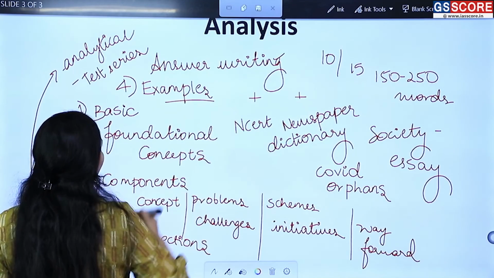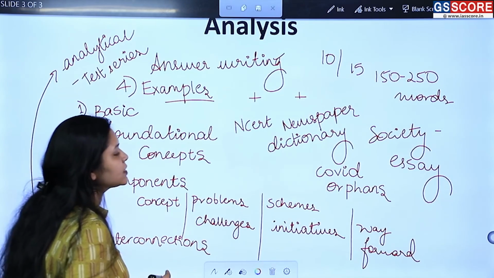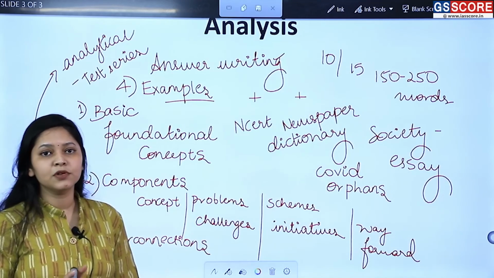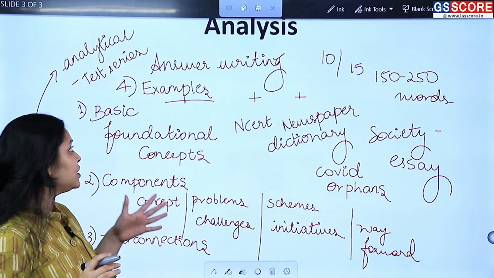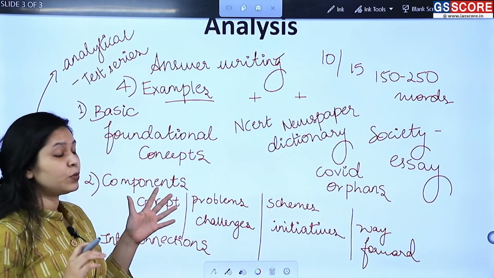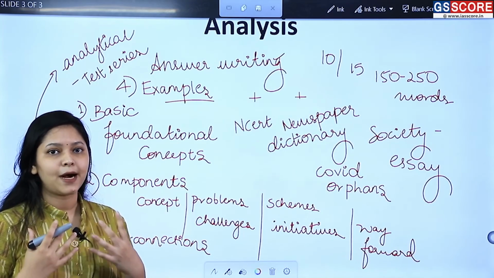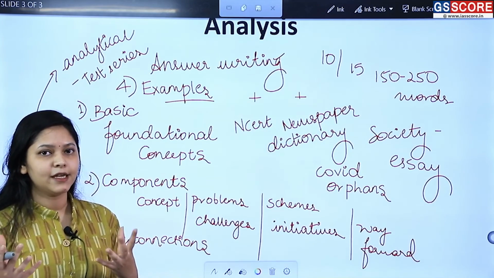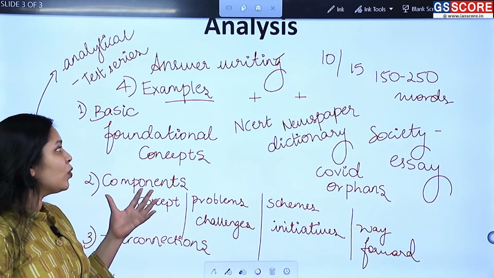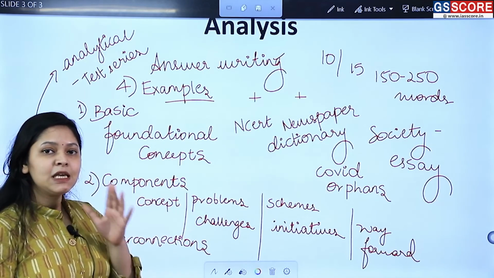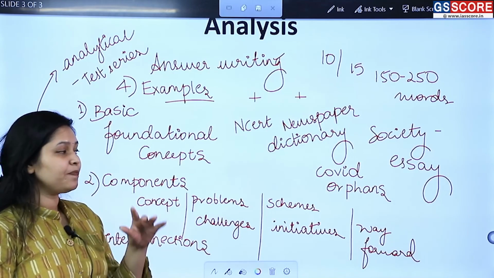especially when we're talking about, let us say, a section like secularism, secularization, communalism. Your approach needs to be neutral. We cannot give our personal biases, stereotypical ideas and beliefs when we are quoting certain examples. Keep aside your personal perception.